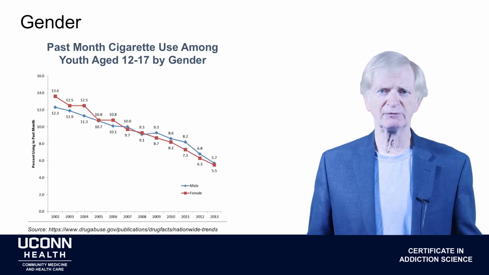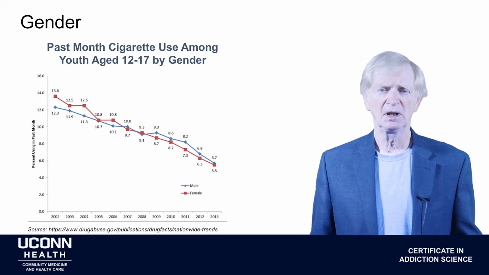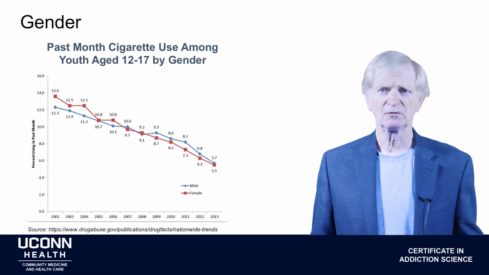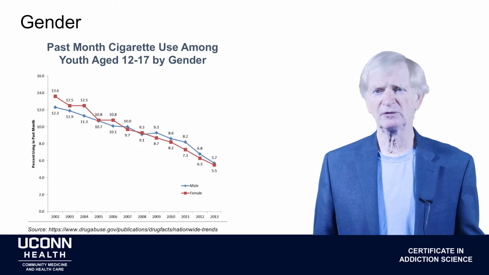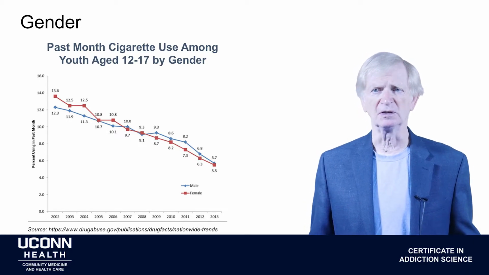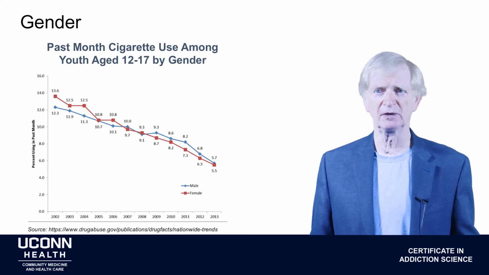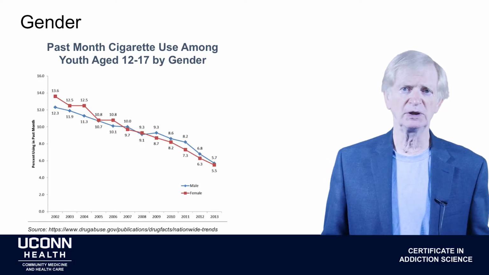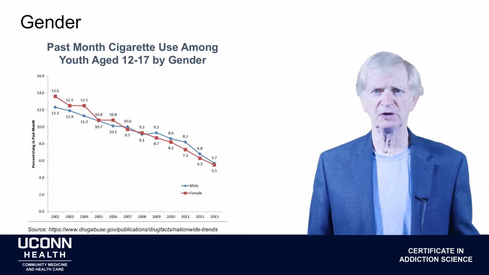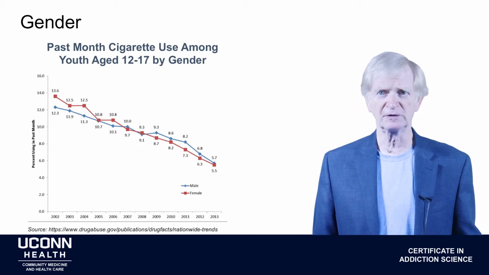So here we have a trend declining over a 12-year period in cigarette smoking for both males and females, and by 2013 you have this congruence between males and females, where when they started doing this survey in 2002, there was a 2 percentage point difference.